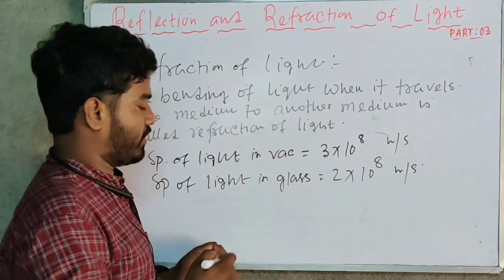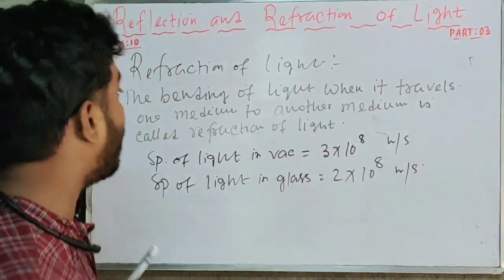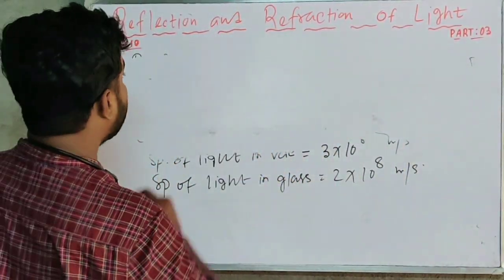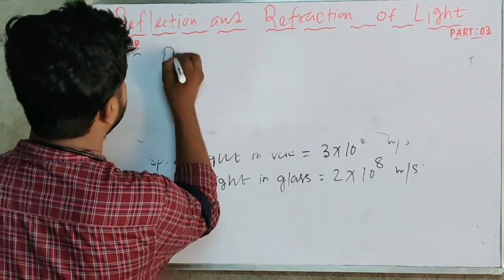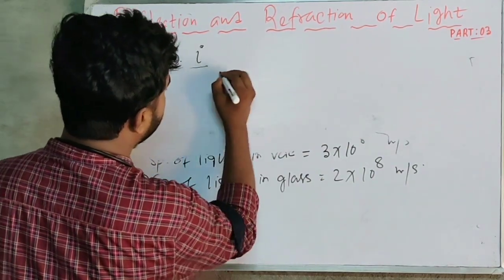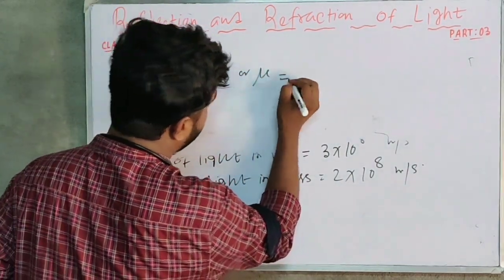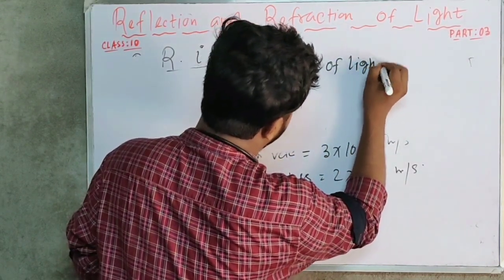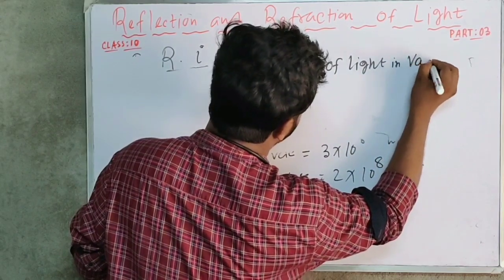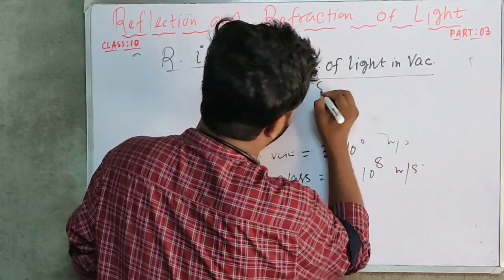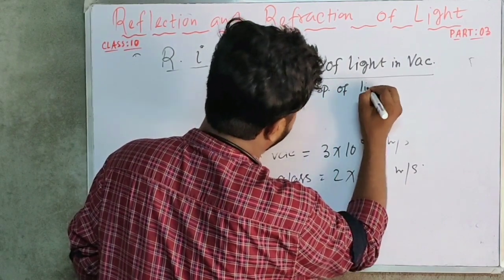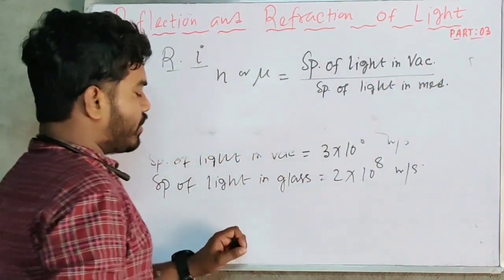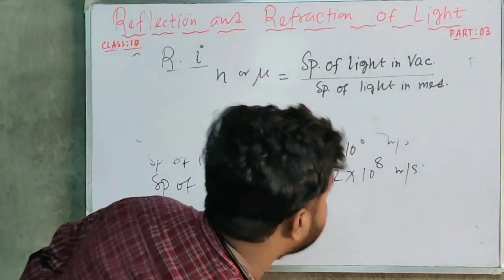Now the refractive index, which is denoted by the symbol n or mu, can be written as the speed of light in vacuum divided by the speed of light in any medium. Okay, so refractive index is the ratio of two speeds.